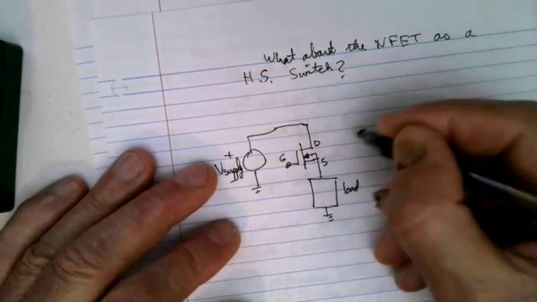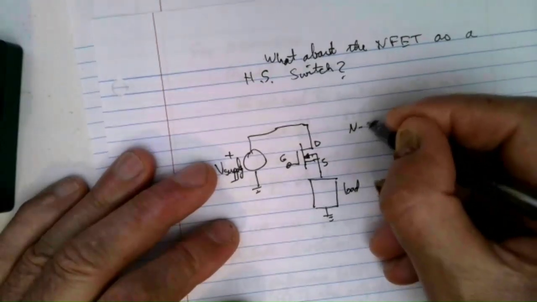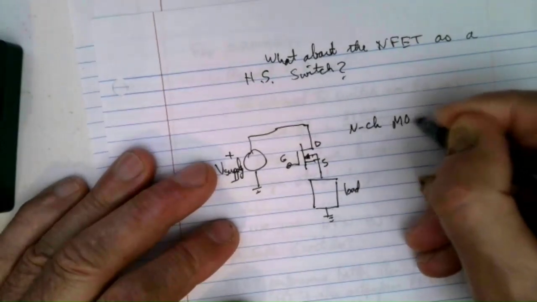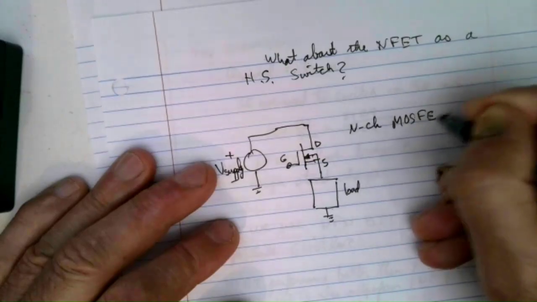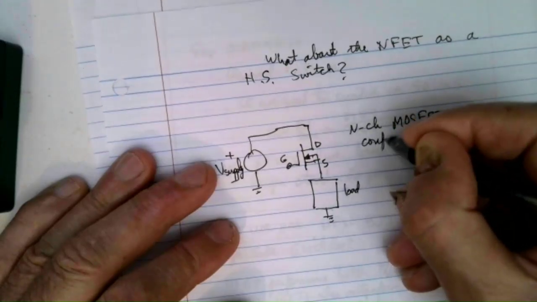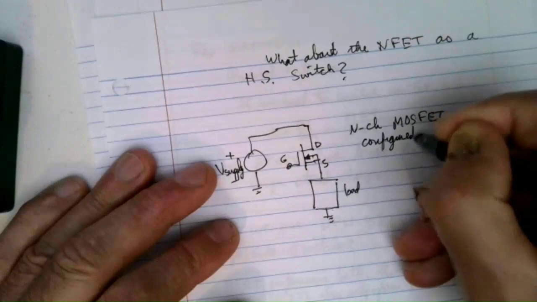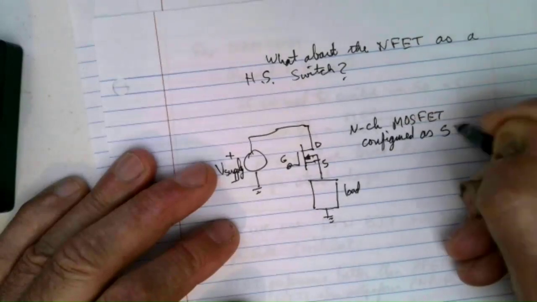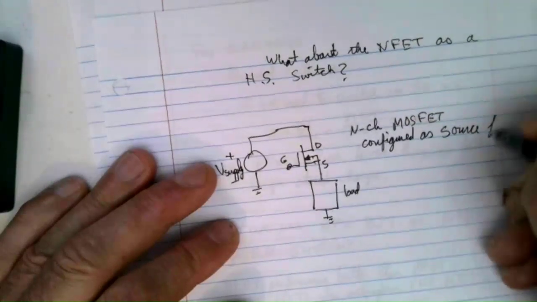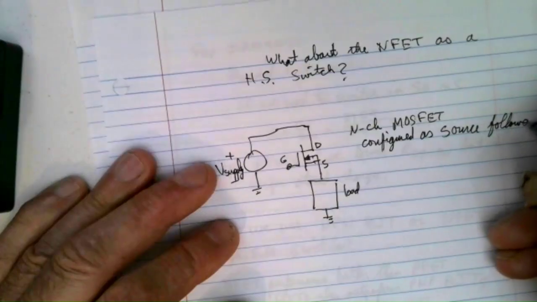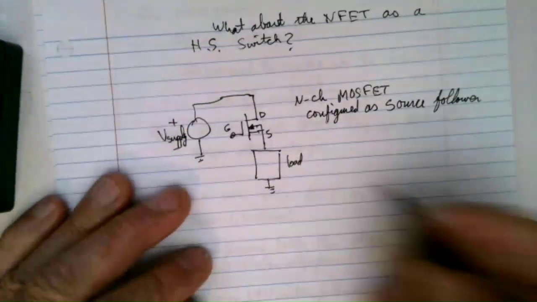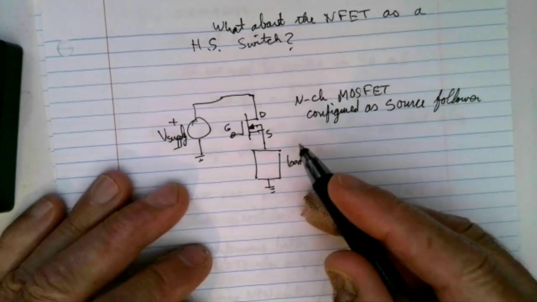So this is an N-channel MOSFET configured as source follower. Okay, kind of like the emitter follower, only with a FET.